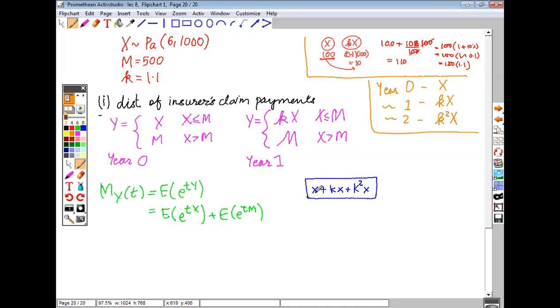So this X is the claim amount incurred for the year zero, only one claim amount. Then this KX is another claim amount incurred for the year one, and then you're adding something for the year two.